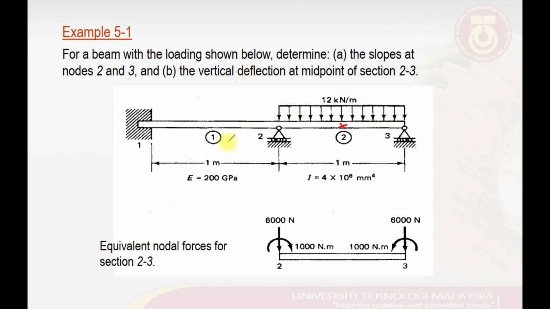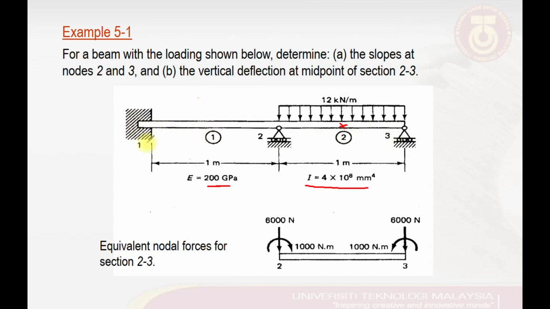The beam is 2 meters in length, with a modulus of elasticity of 200 gigapascals and a second moment of inertia of 4 times 10 to the power of 6 millimeters to the power of 4.